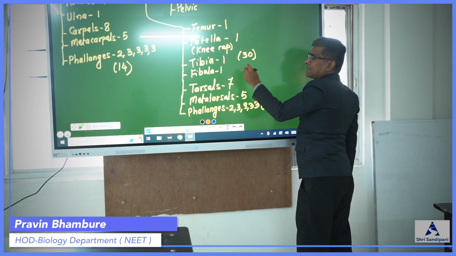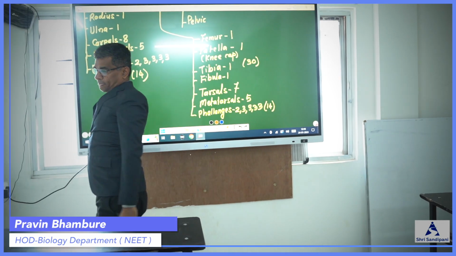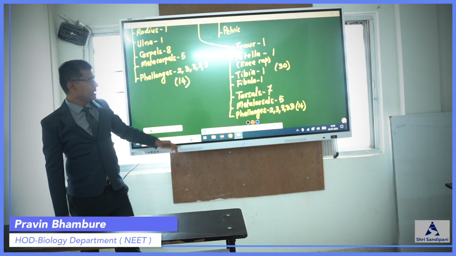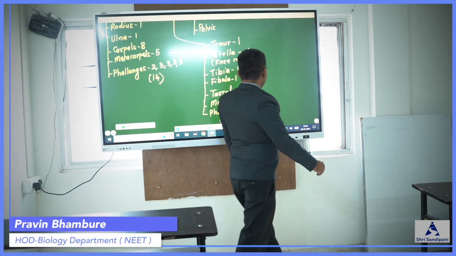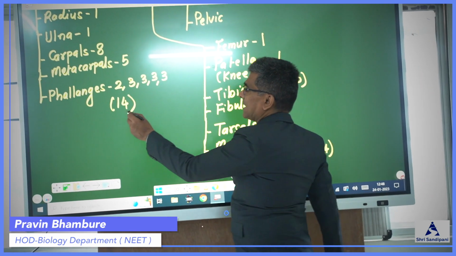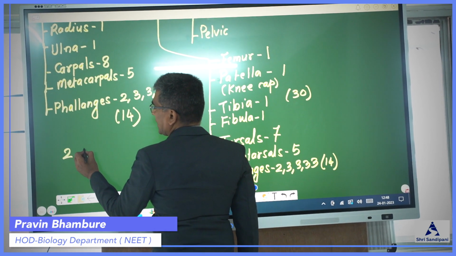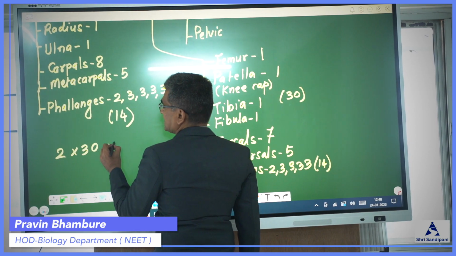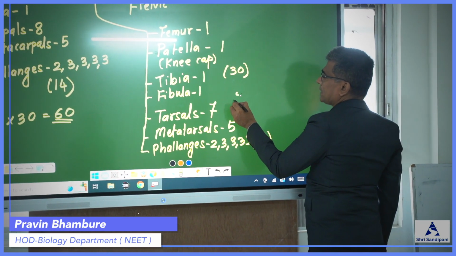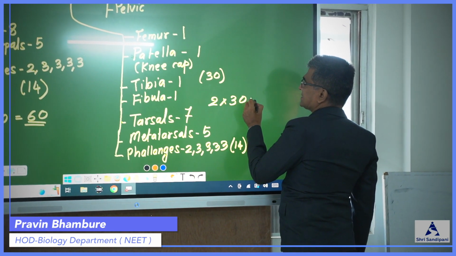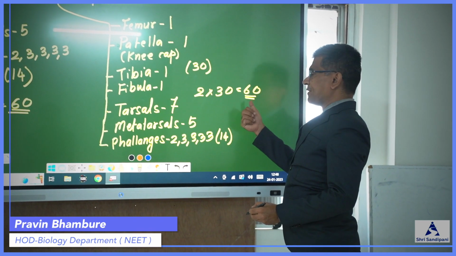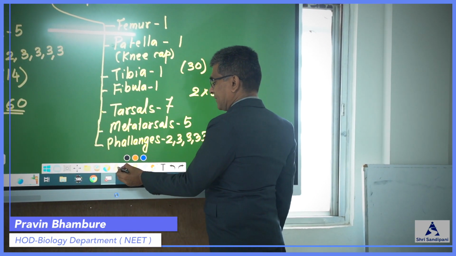So out of 126 bones, you will wonder, we have already finished 60 bones. We have two hands, so 2 into 30, that is 60 bones in the legs. So 60 plus 60, 120 we have already finished.